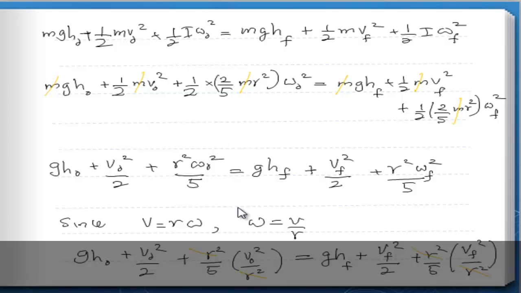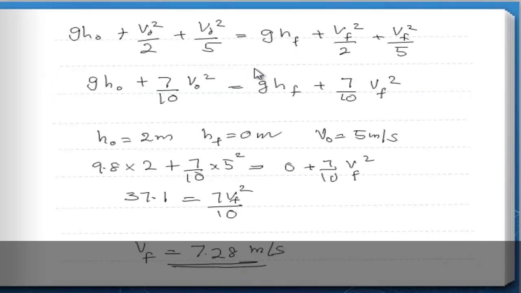So by substituting that, we get gh0 plus v0 squared over 2 plus r squared over 5 times v0 squared over r squared equals ghf plus vf squared over 2 plus r squared over 5 times vf squared divided by r squared. Then you can see that this r squared cancels with that r squared, same way here. So there is no r term in the equation.